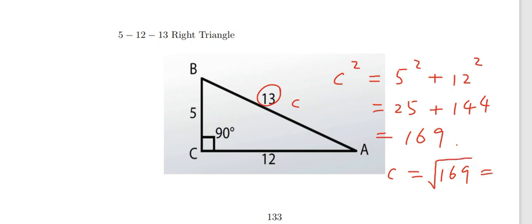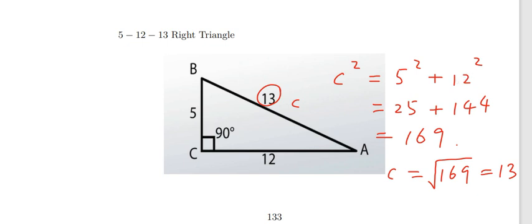So this number happens to be an integer, equal 13, right? So we can also regard those as two typical large triangles, 3, 4, 5 and 5, 12, 13. Okay.